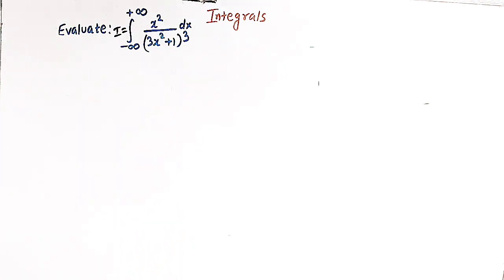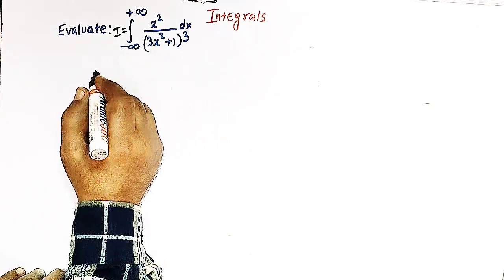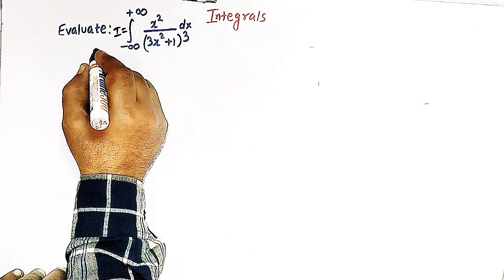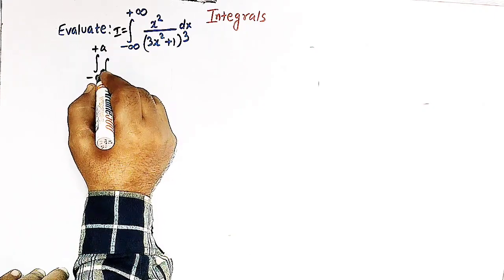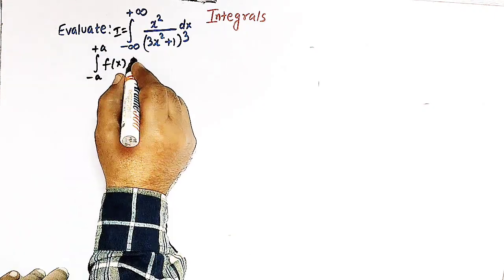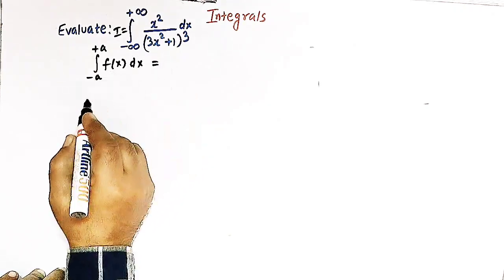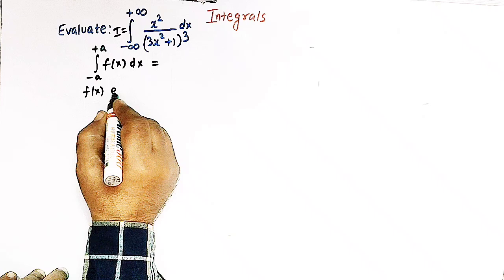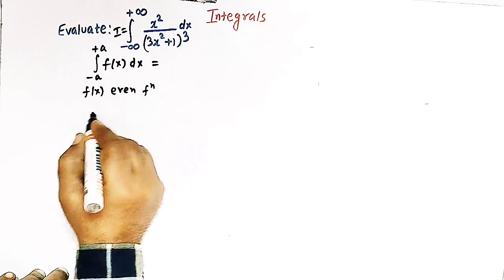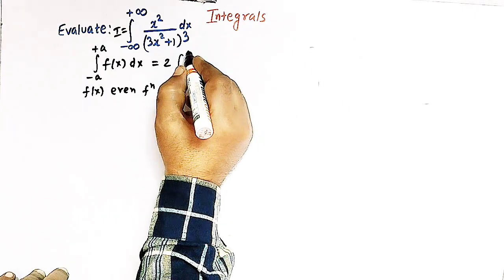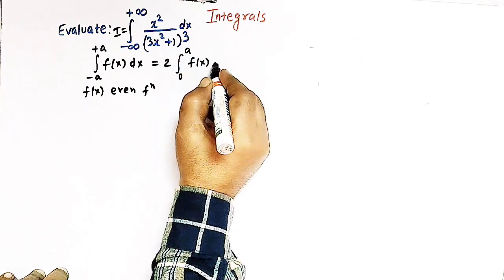And here first of all I will apply an important property of definite integrals, which says that if we have an integral from minus a to plus a, and we have the integrand f of x and dx, then if this function f of x is an even function, then we can write this integral as 2 times the integral from 0 to a f of x dx.